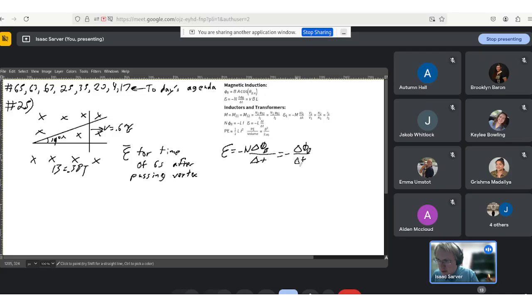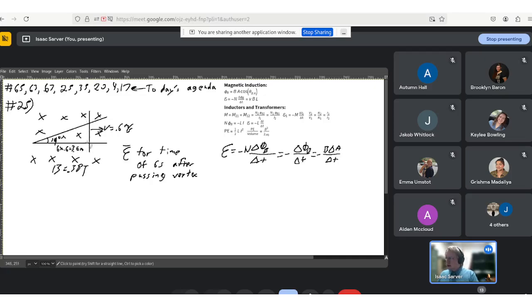So how far to the right do we go? We're moving 0.6 meters per second, so that's 0.6 times 6, which is 3.6 meters on this side. Which implies we need to find the area here. So this is going to be minus B times change in area over change in time.